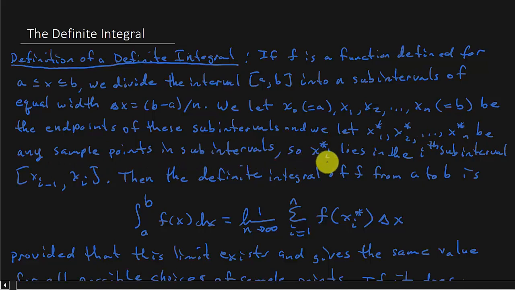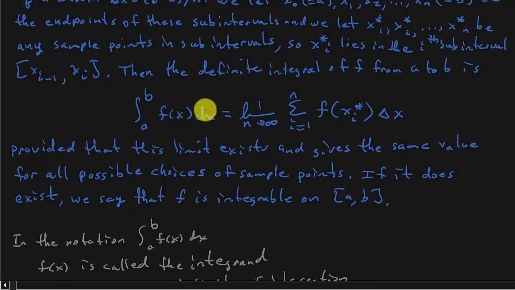So x star sub I lies in the ith subinterval, x sub I minus 1 to x sub I. Then the definite integral of f from a to b, the integral from a to b of f of x dx, is equal to the limit as n goes to infinity, where n is how many subintervals you have, of the sum from I equals 1 to n of f of x star sub I times delta x.